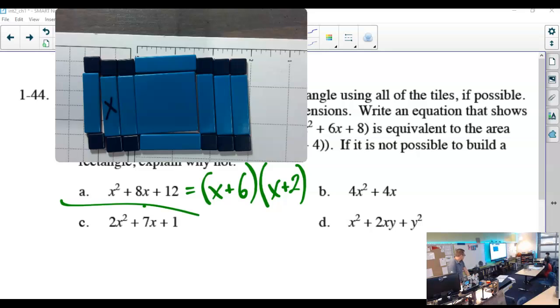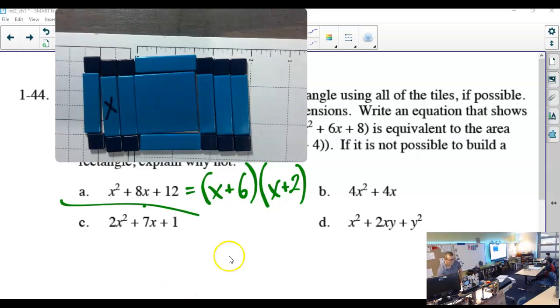Are the dimensions the same? Yeah. So, is this different? Not really. It's differently arranged, but it didn't really change anything. Because it's still x plus 3. And it's still x plus 2.